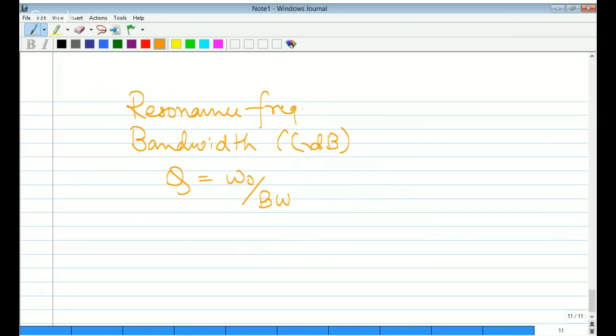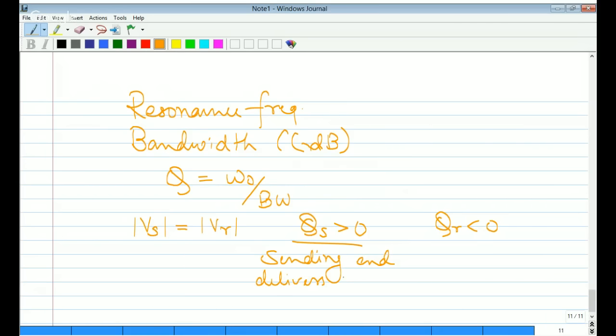So do remember it as a rule of thumb that when mod Vs is equal to mod Vr, then Qs is greater than 0, Qr will be less than 0, which means the sending end delivers power into transmission line and receiving end also delivers power into line. So that means the reactive power is absorbed by the line at both the ends.